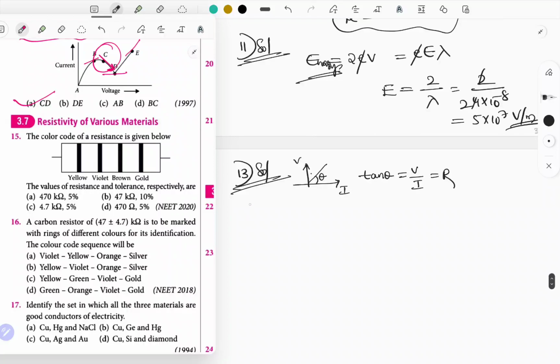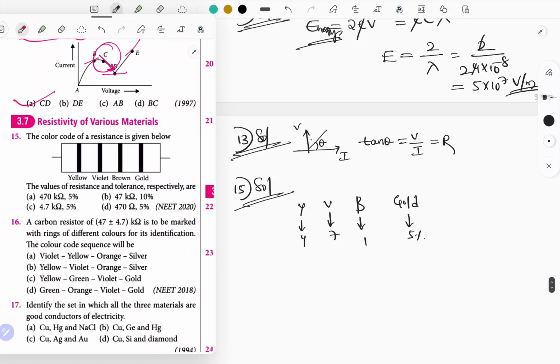Okay, next question number 15. Question number 15 is based on color coding. So we know that yellow number is 4 and violet number is 7 and brown number is 1. Whereas gold percent is 5%, for silver 10%, and for no color 20%.